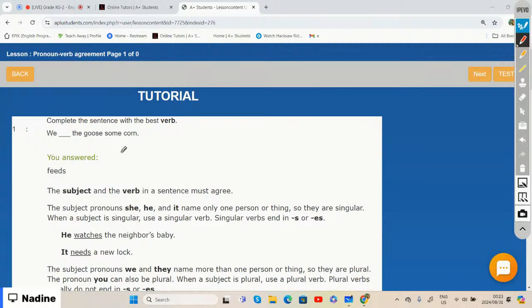All right, here it says, we the goose some corn. So do we say we feed the goose some corn, or do we say we feeds the goose some corn?